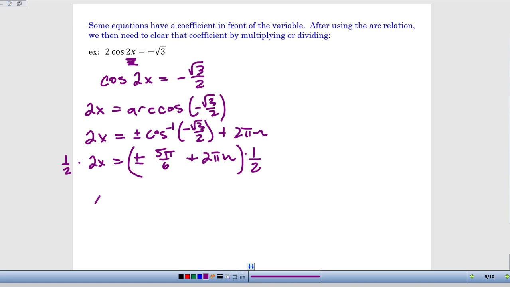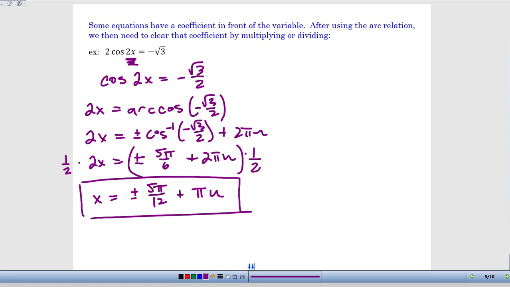So we end up with x equals plus or minus 1/2 times 5 pi over 6, which is 5 pi over 12, plus, and then we have to distribute that 1/2, so it multiplies that 2 pi n, so we have plus pi n. And so this is our infinite solution set.